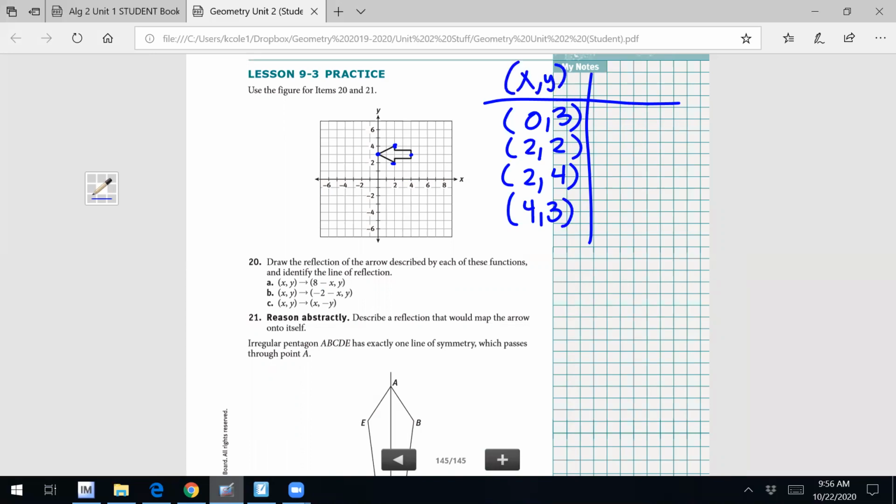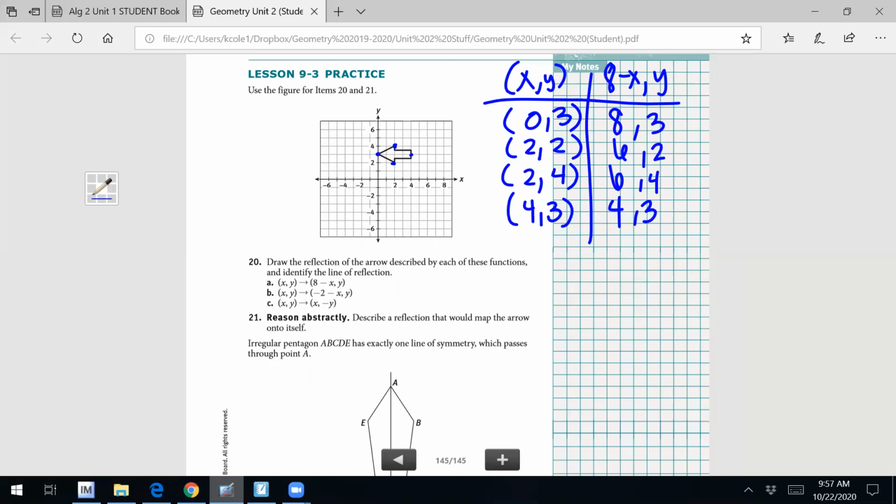Then the next column is going to be the rule that we're going to apply, which is (8 minus x, y). So what's 8 minus 0? 8 minus 2. 8 minus 2. 8 minus 4. Is this the exact same as the one before in the lesson?